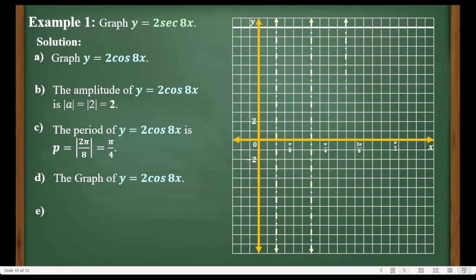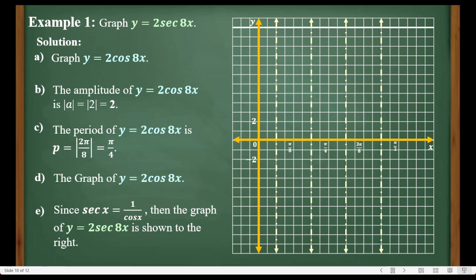Then we trace some asymptotes. Then we trace the graph. And what else? For the required graph of y equals 2 secant of 8x, we have these parabolas.